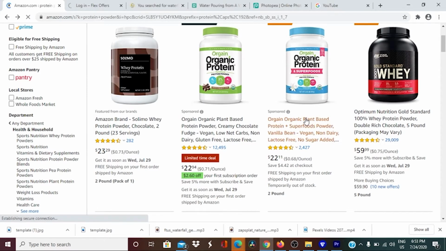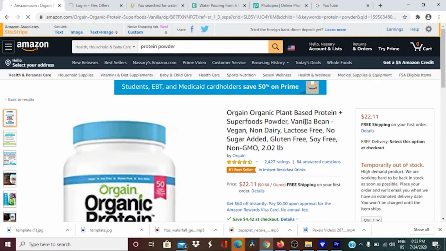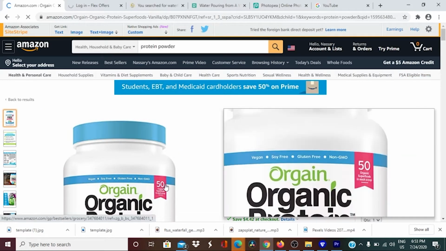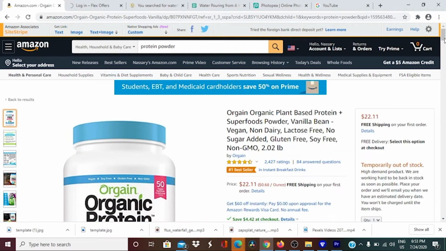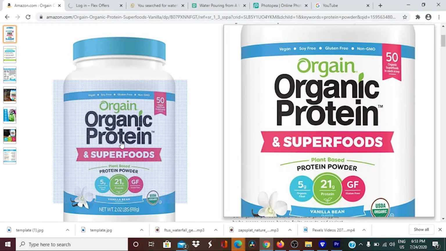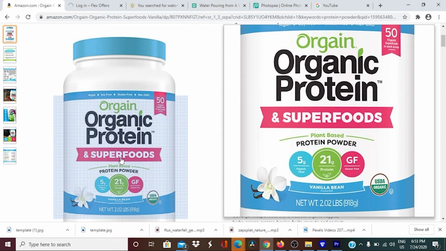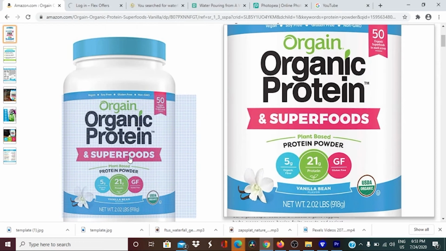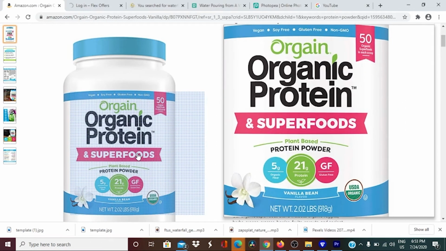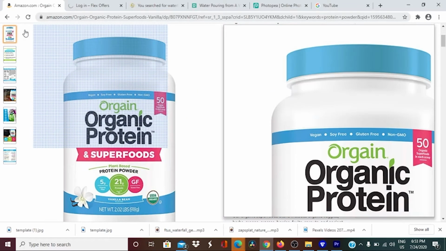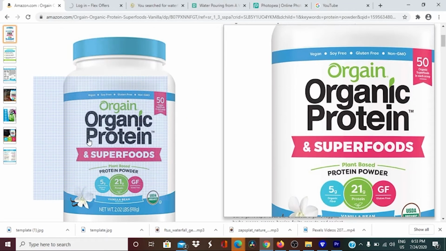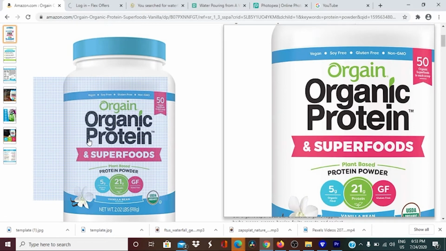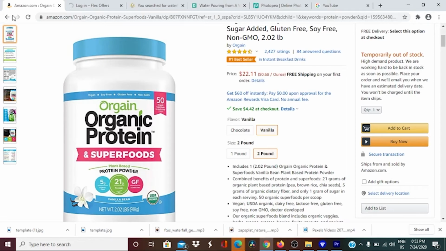If we look at the other one, you just want to make sure: 5 grams, 21, and this is gluten free. The other one has fewer grams of carbs. So 5 grams of organic fiber, 21 grams of protein.